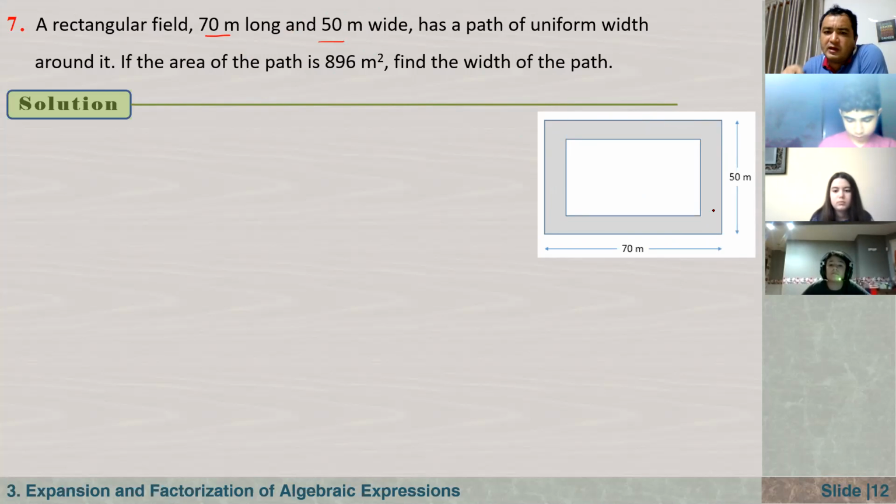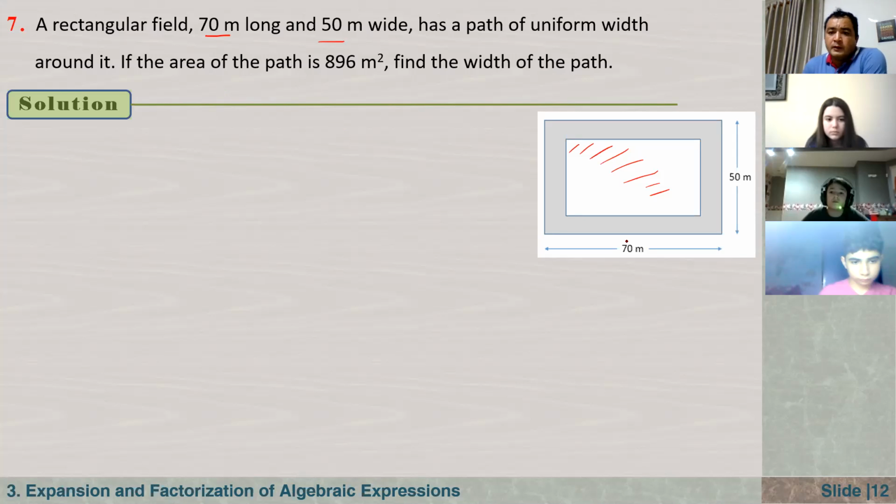Here we are making something, maybe some kind of pool. That area we are going to use for water, and we also need some kind of path around it, for walking. Anyway, that's the question. If the area of the path is 896 square meters, find the width of the path.